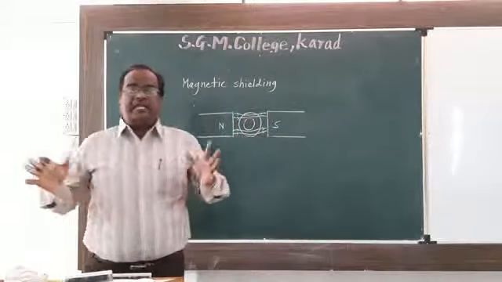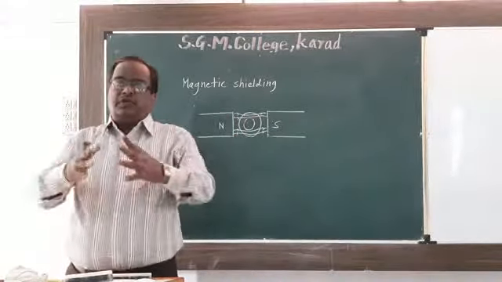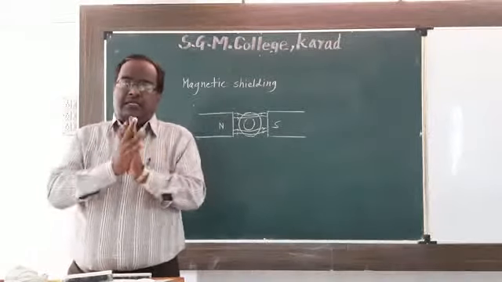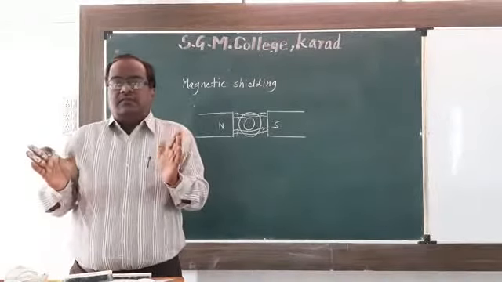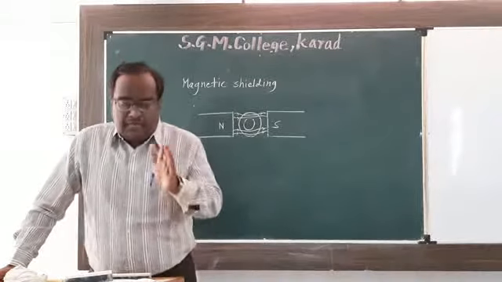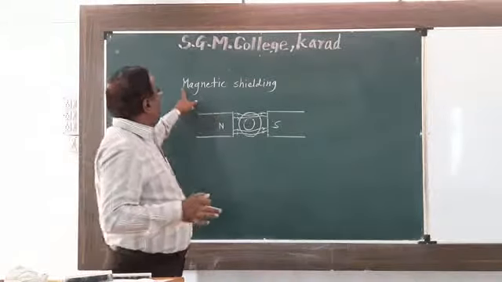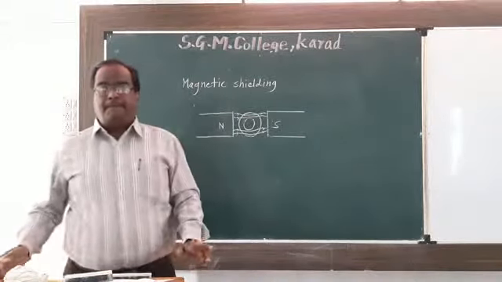This is called magnetic shielding. When these lines pass through the soft magnetic material, there is a crowd of lines inside the ferromagnetic material. This is called magnetic shielding.